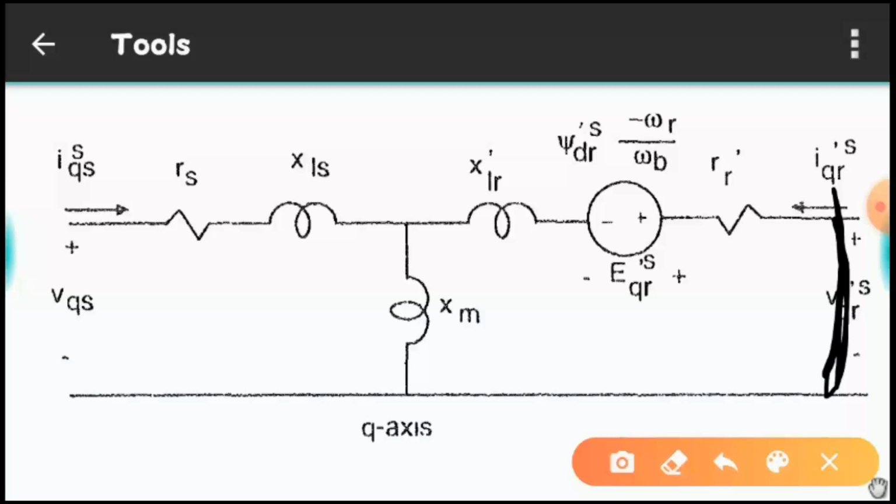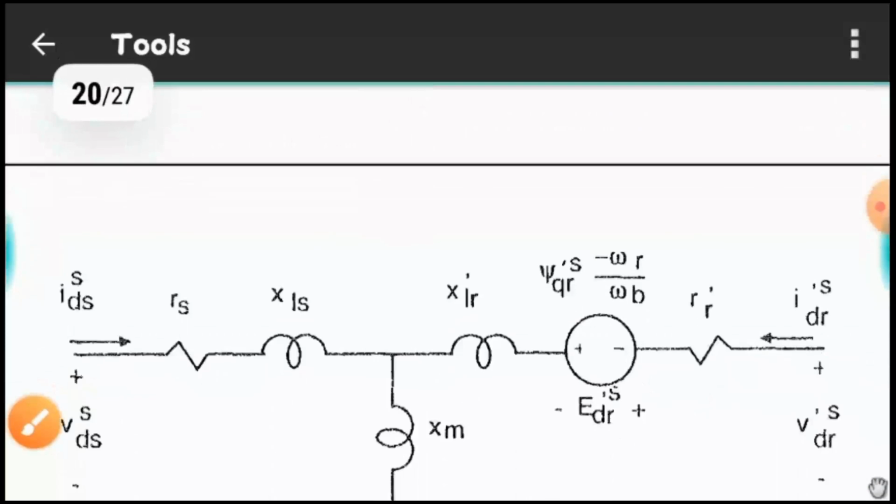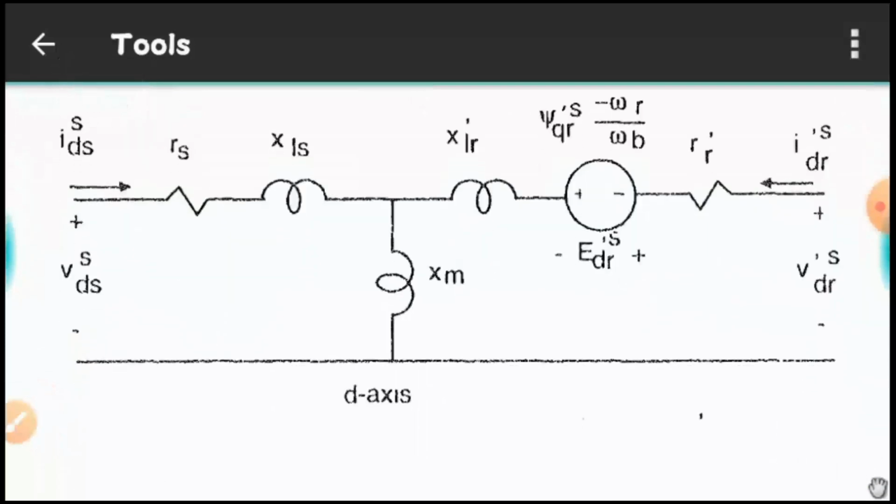See the polarity of that voltage, this is plus minus. So basically when you consider this voltage it will appear here like EQR. All right, when you make this short, then this voltage will come here. So this is a quite reasonable and obvious representation, and the same thing will happen to our d-axis, nothing new.